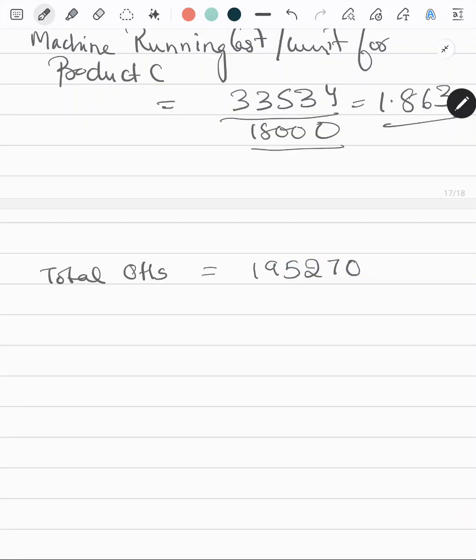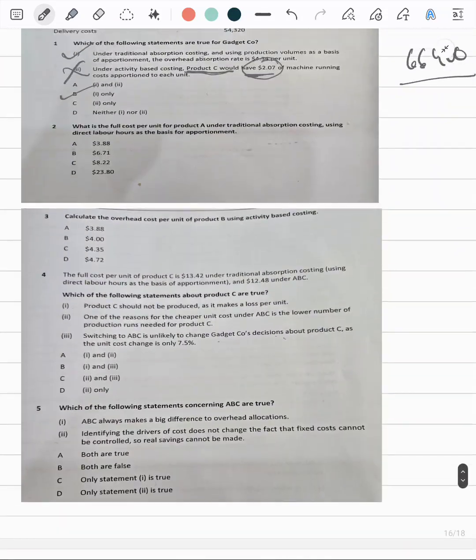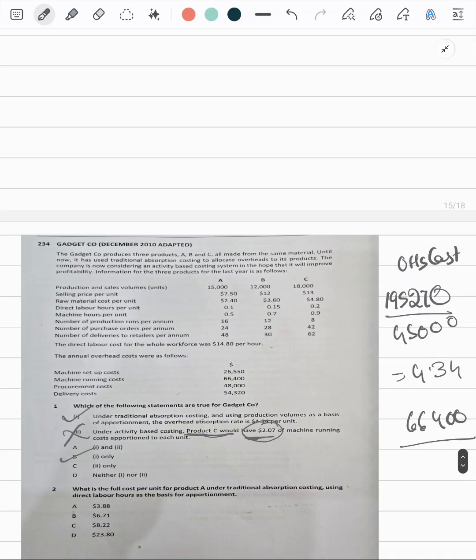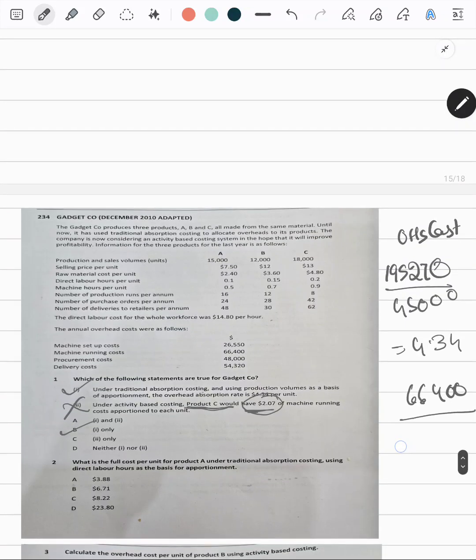It is asking us to absorb these overheads on the basis of traditional absorption costing using direct labor hours. Now in the question we have been given direct labor hours per unit as 0.1, 0.15 and 0.20 per unit.